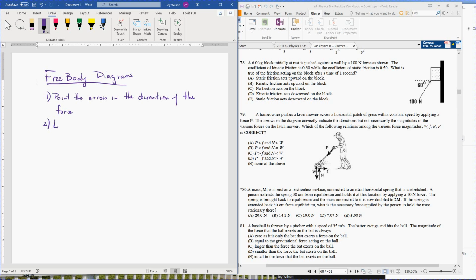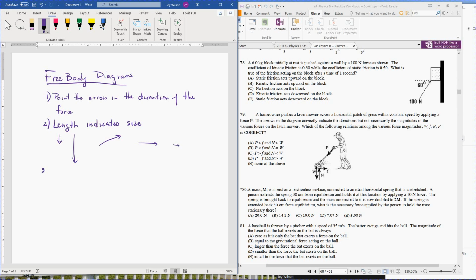Make sure that the length indicates the size. So be careful that if you have two forces that are different sizes, you make them clearly different sizes. Okay? Make sure you do those things because that's a simple way to earn points.